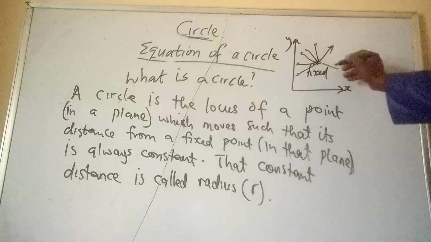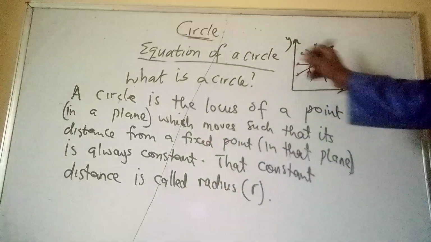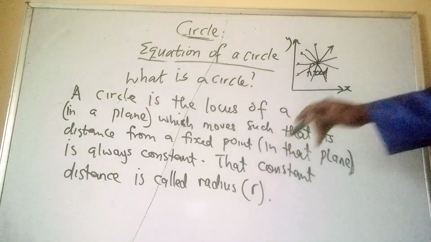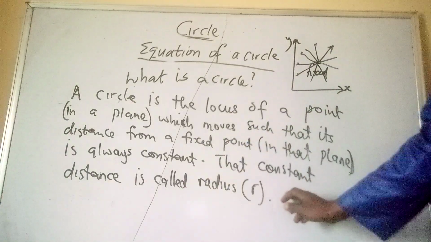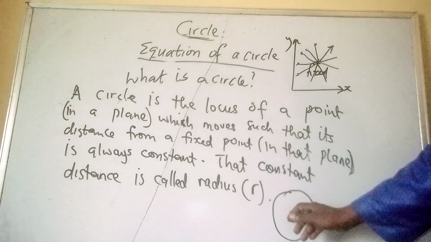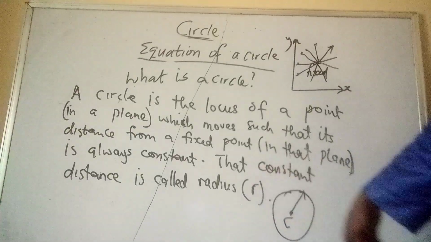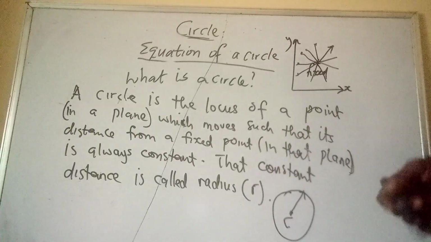So that is what makes a circle, and that distance is called what? That constant distance is called radius. So that is why when you are drawing or constructing a circle, this is a fixed point, let's call it point C, and this is the radius with which the circle is drawn.